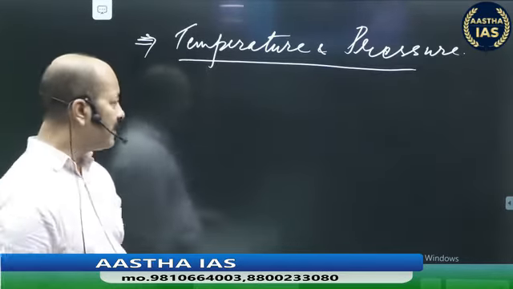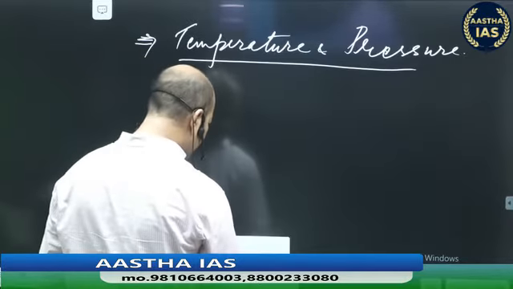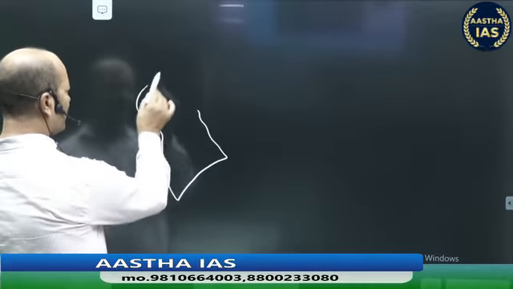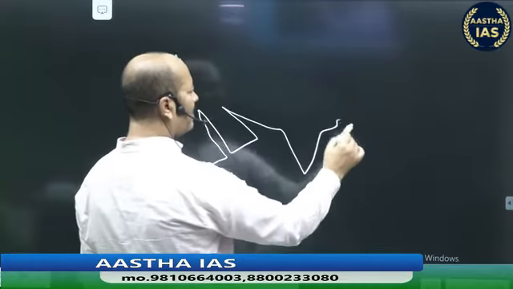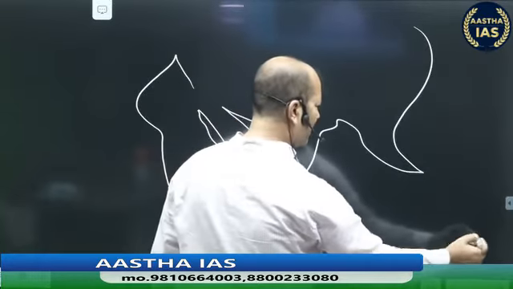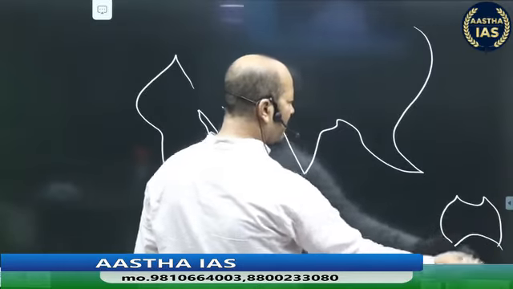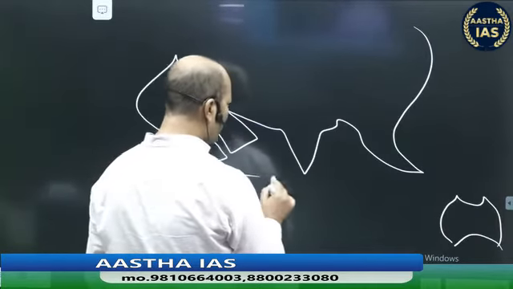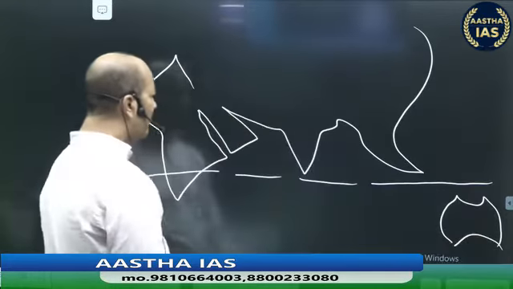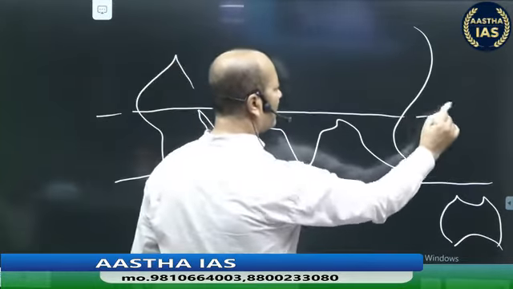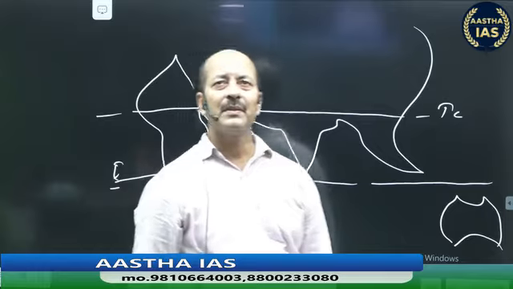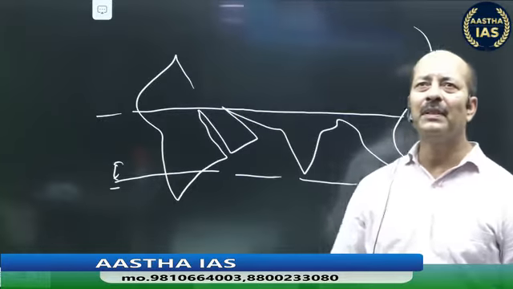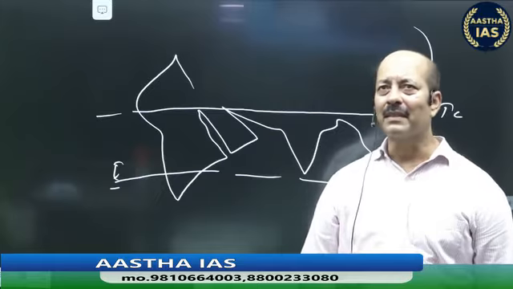So try to understand. Go for one map here. We have Africa, Saudi Arabia, India, Southeast Asia, and Australia. This one is a line we can say as the equator, and this one is the Tropic of Cancer. So we are going to discuss the concept of origin of monsoon by temperature and pressure.